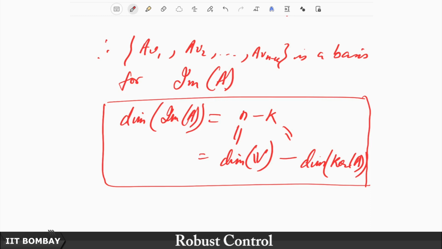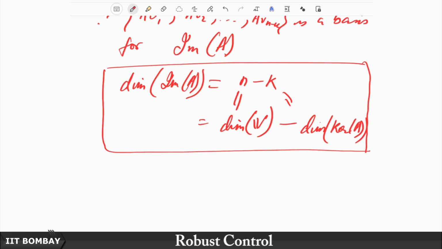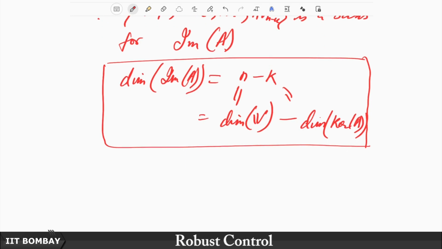Why is this very significant? It is particularly significant when you have a bijection, because then the kernel is the trivial subspace, therefore the dimension of the kernel is 0, and the dimension of the image is equal to the dimension of V, that is due to the injection part of the bijection.